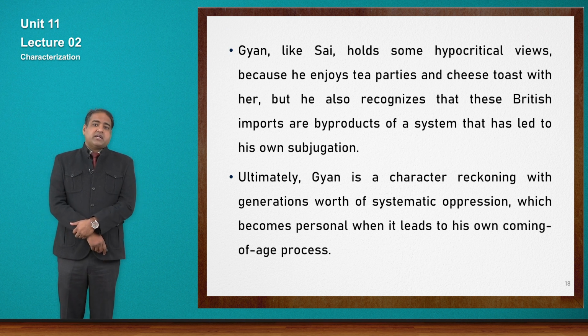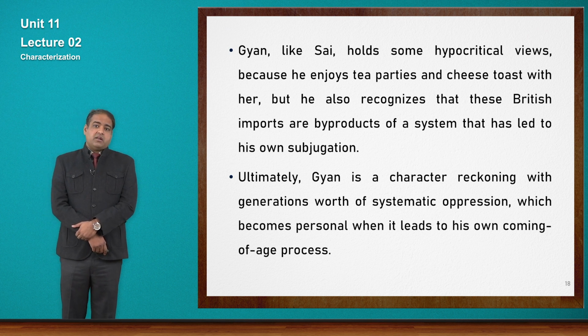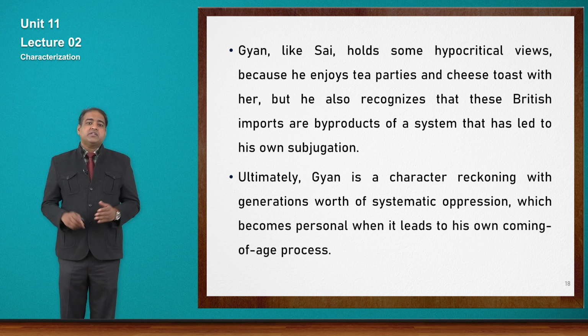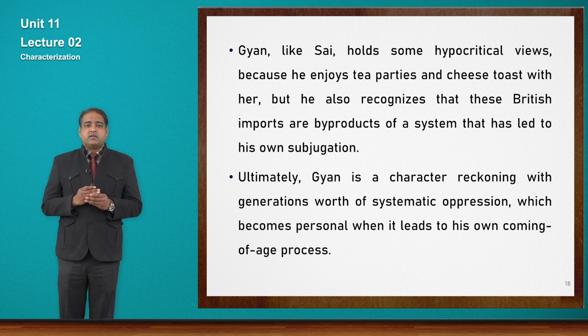Ultimately, Gyan is the character reckoning with generations' worth of systematic oppression, which becomes personal when it leads to his own coming of age process. So friends, we can say that the personality of Gyan is reflecting a character which is reckoning with generations of oppression.